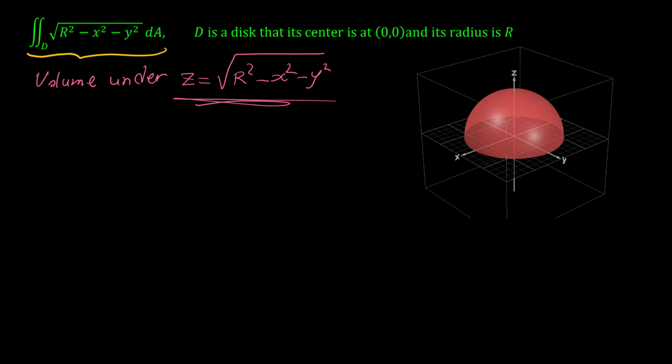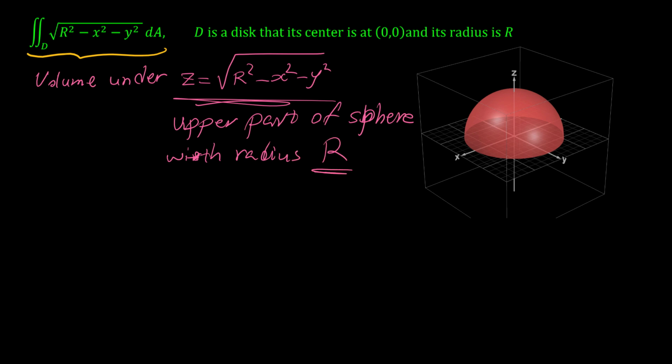But we know that this shows the upper part of a sphere with radius r, because this is r to the 2, its radius is r.